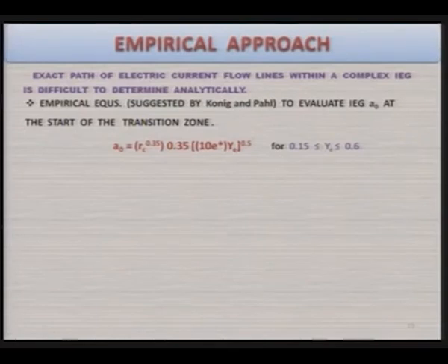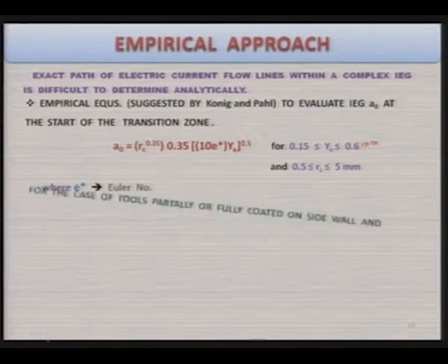Here RC is the tool corner radius, YE is the equilibrium gap, and this equation is applicable for YE greater than 0.15 and less than 0.6 millimeter, and RC, the corner radius, should be greater than or equal to 0.5 millimeter and less than or equal to 5 millimeter. These were the conditions under which various experiments were conducted by Koenig and Paul, and they proposed this particular empirical equation for that purpose, and E star is the Euler number which is constant.